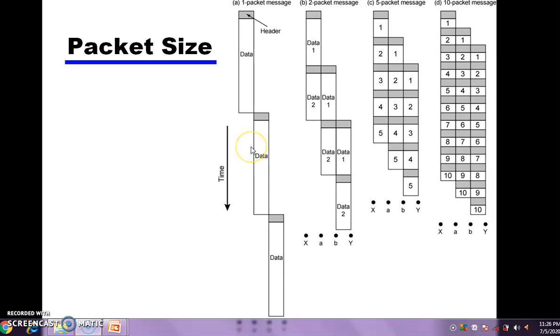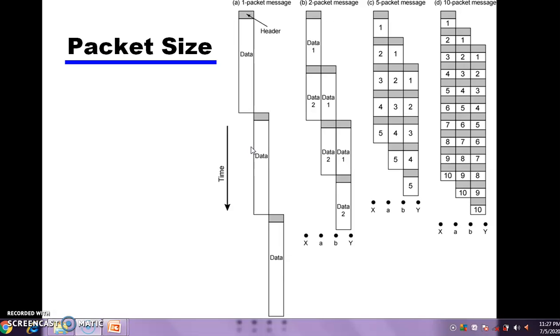In this case, node A can begin transmitting the first packet as soon as it has arrived from X, without waiting for the second packet. Because of the overlap in transmission, the total transmission time drops to 92 octet times.